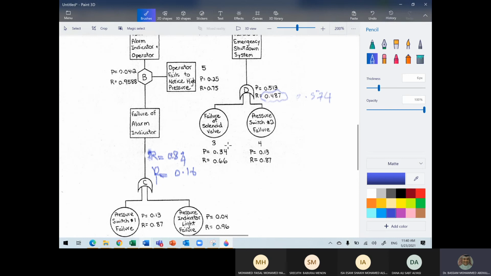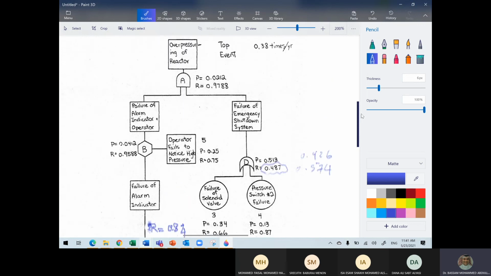If you find that I made a mistake, please tell me, but I cannot see that I made a mistake because it's an OR gate. Maybe he thought it was an AND gate. If he thought this was an AND gate by mistake, it's 0.34 times 0.13. The answer is 0.044. Still not correct. So there's definitely a mistake here. It should be 0.74. And then you find the probability, which is 1 minus 0.74. The answer is going to be 0.426.